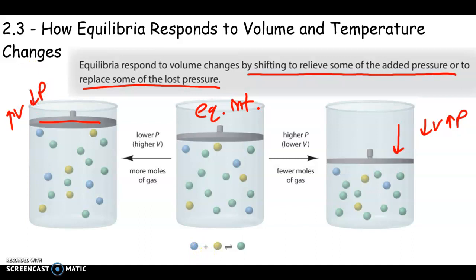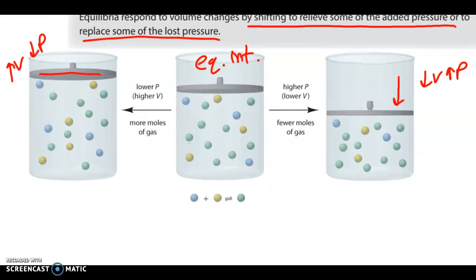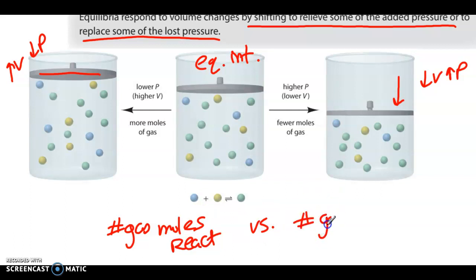Okay, so when we're looking at what shift is happening, you essentially have to compare the number of gas moles on the reactant side versus the number of gas moles on the product side. Okay, so what I mean by that is, for example, here, I just put the line to separate it.